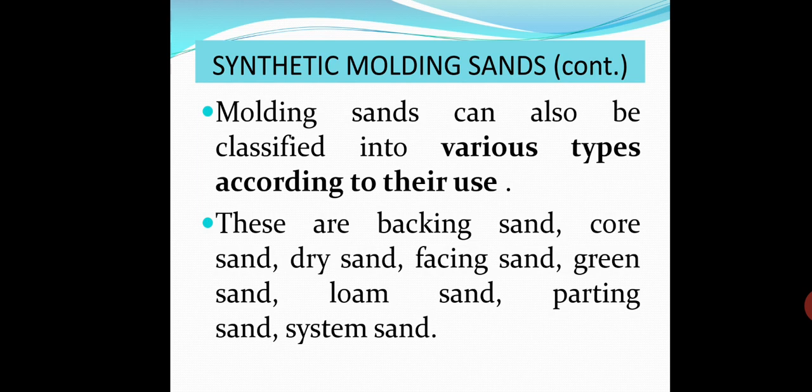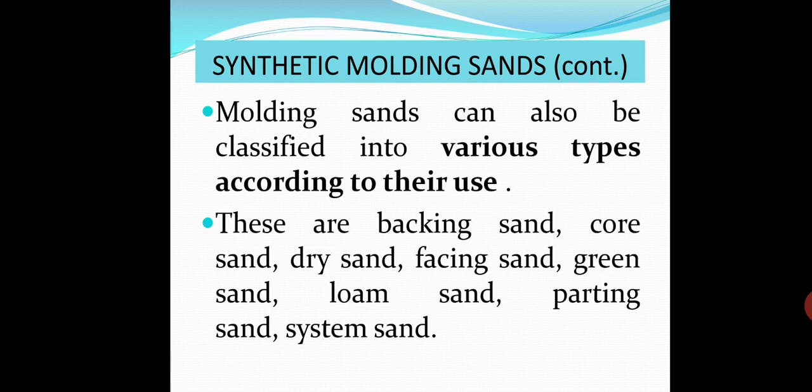Molding sand can also be classified into various types according to their use. These are backing sand, core sand, dry sand, facing sand, green sand, loam sand, parting sand and system sand.